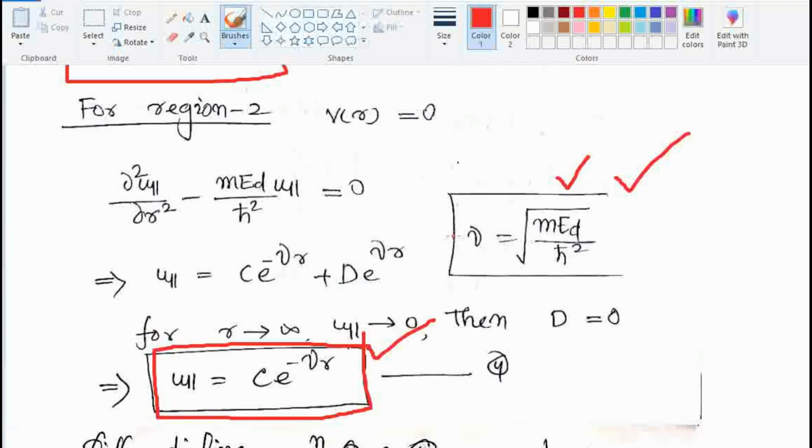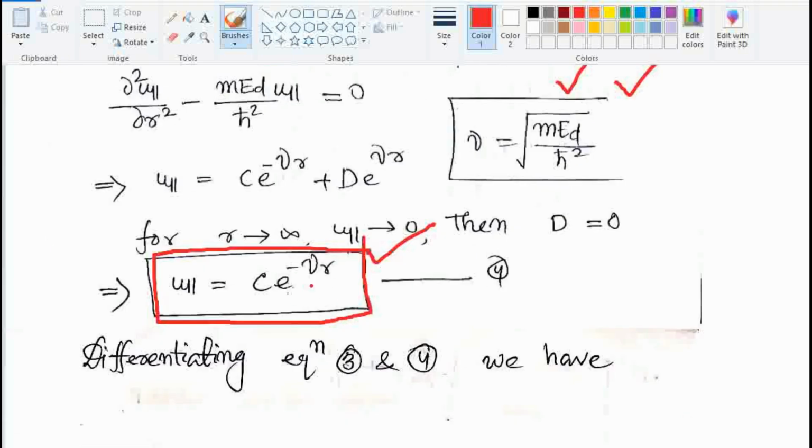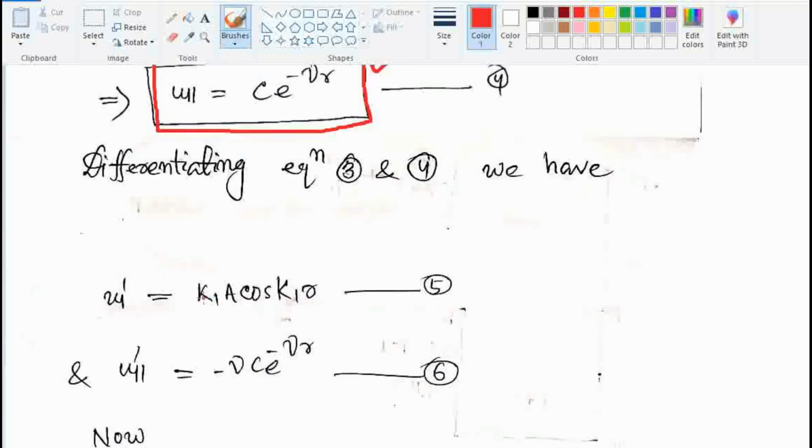So this is equation 3, the wave function in region 1, and equation number 4 is the wave function in region 2. In the further step we are going to take the differentiation. Take the differentiation of equation 3, then you will get equation 5, and take the differentiation of equation 4, then you will get equation 6.